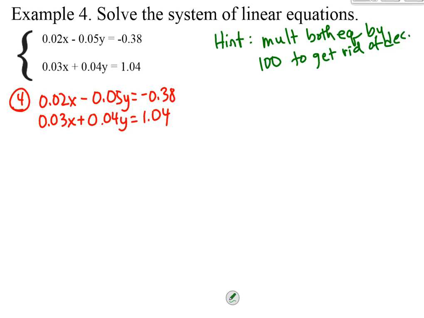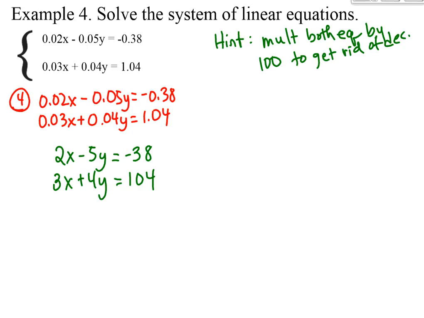And so what that does for me is that gives me 2x minus 5y equals negative 38, and 3x plus 4y equals 104. And so to me, that just looks more pleasant.